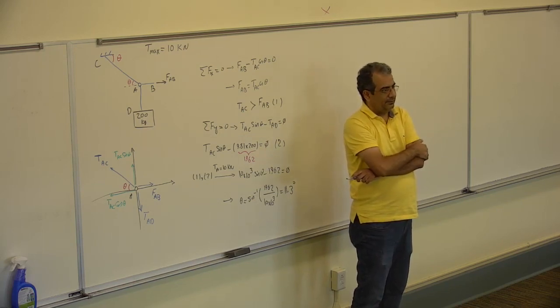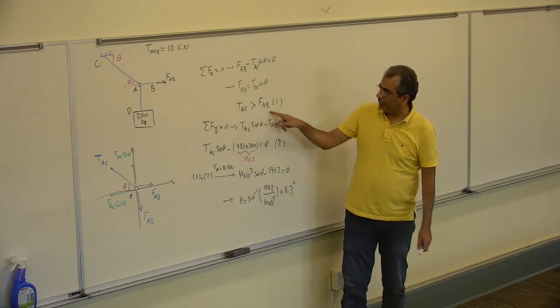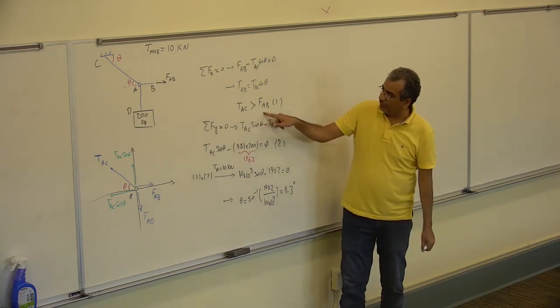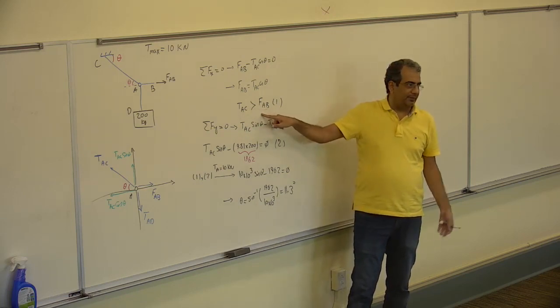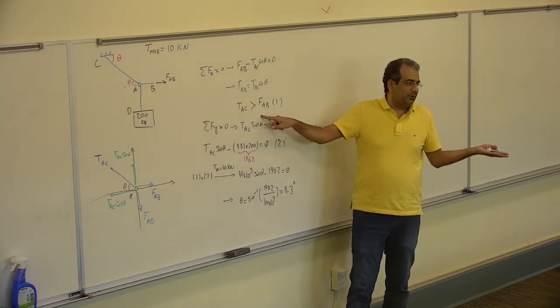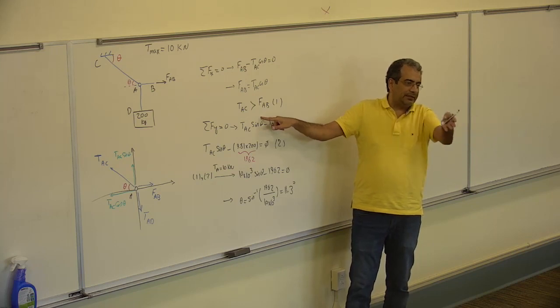Got it? That's what I was looking for: which of these two ropes would max out first, or break first, and then set the limit on that.